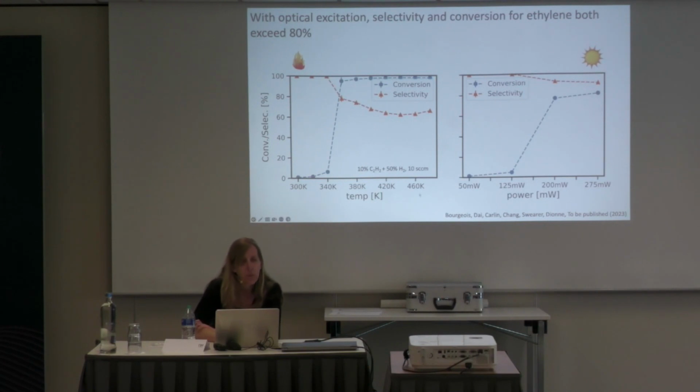But with some of our more compositionally optimized catalytic systems, we're able with light to get not only high conversion of the acetylene to ethylene, but also very high selectivity. So we don't have very much ethane being formed in this reaction. You can see the conversion and the selectivity when you illuminate on resonance in these silver palladium bimetallic alloys is well over 80%.